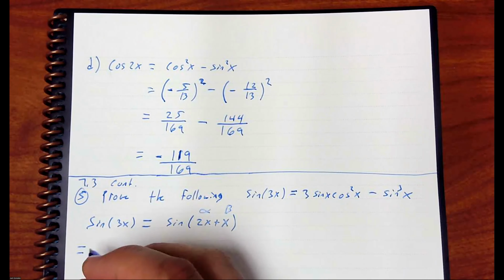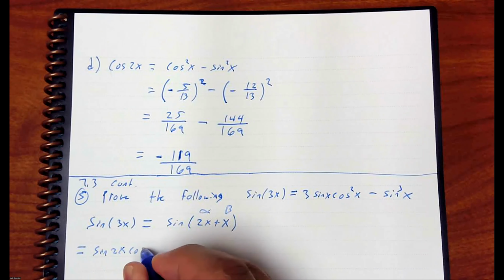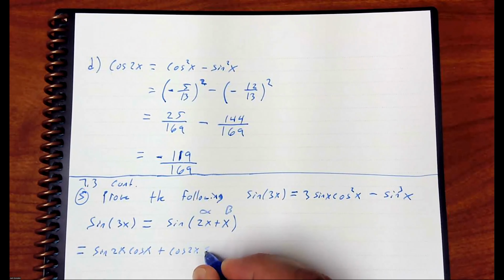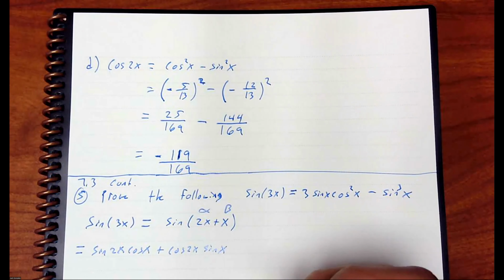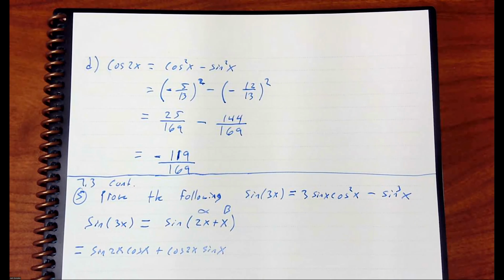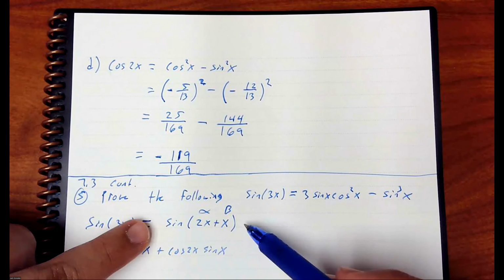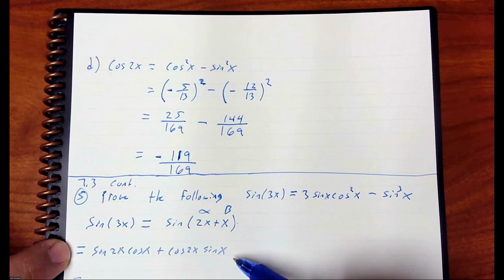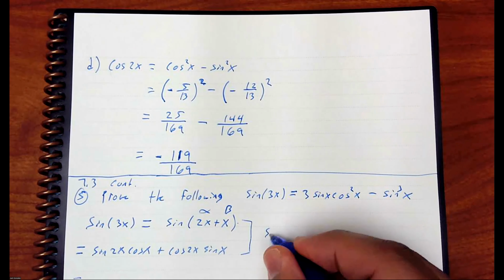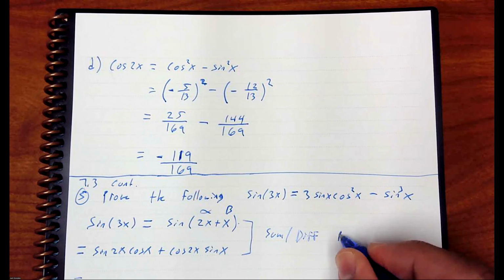So that would become sine alpha, which is 2x, cosine beta, plus cosine 2x sine x. Okay. So I apply the sum and difference property or identity.